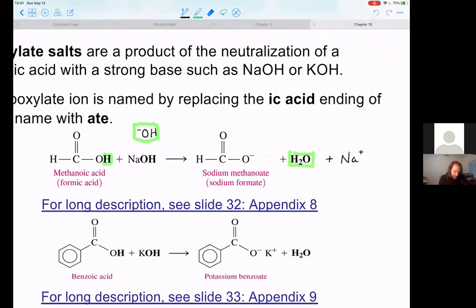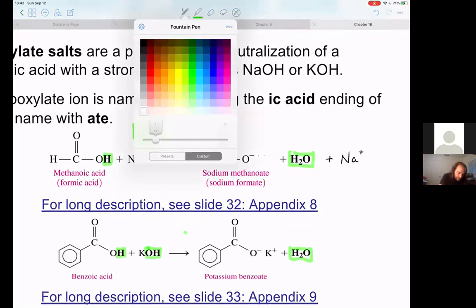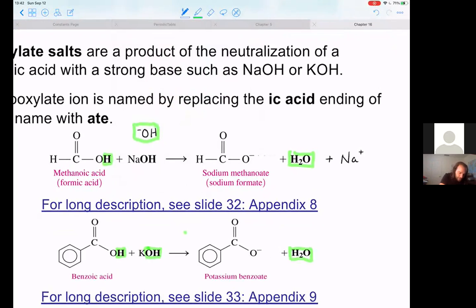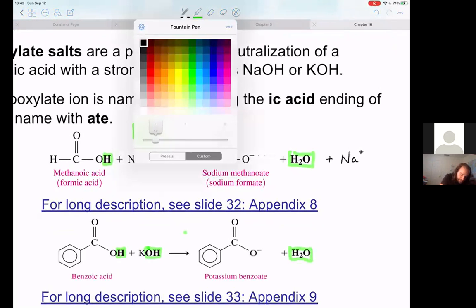Notice that you could do the same thing with potassium hydroxide, sodium hydroxide, same sort of idea. You have your hydroxide and your proton coming together to form water. Now you just have a different counter ion. But again, I like to think about these as being separate.